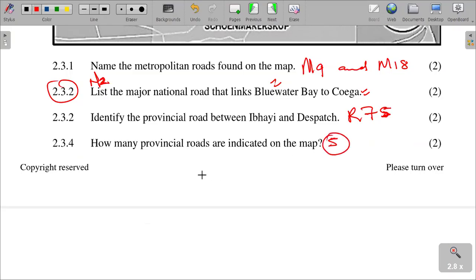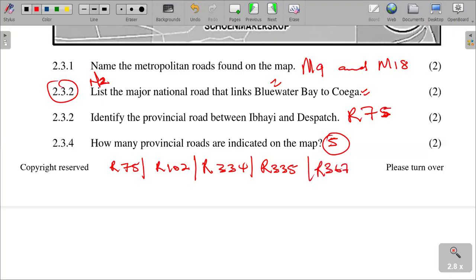We have R75, R102, R334, also R335, then R367, and finally R368. 1, 2, 3, 4, 5.